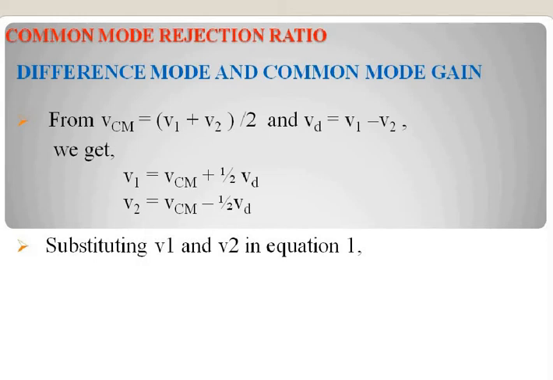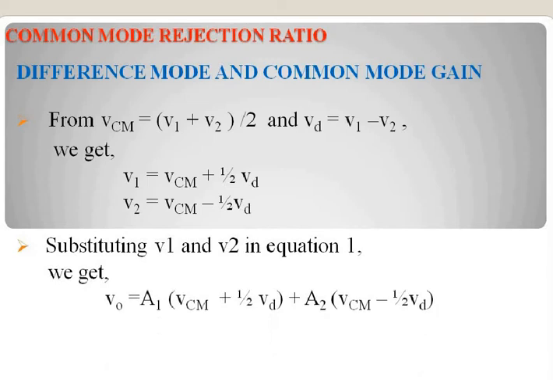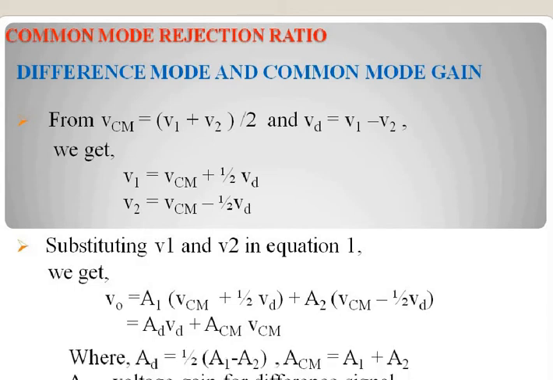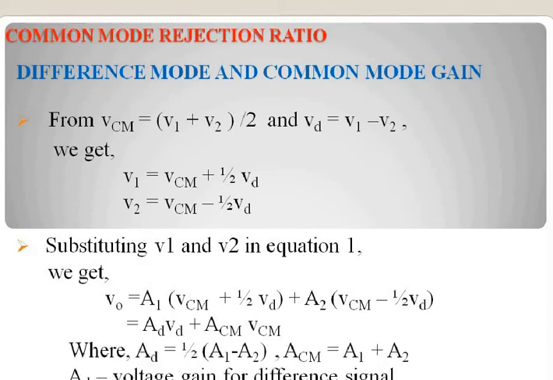On substituting, we will get V0 equals A1 into VCM plus half VD plus A2 into VCM minus half VD. That is, we can write it as ADVD plus ACM VCM, where AD is half into A1 minus A2, and ACM equals A1 plus A2.